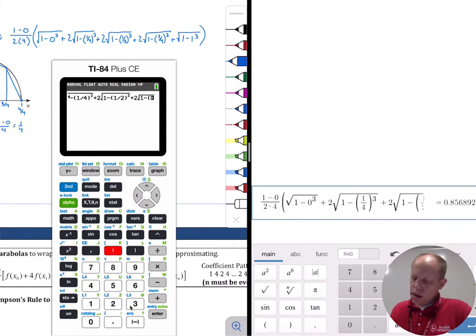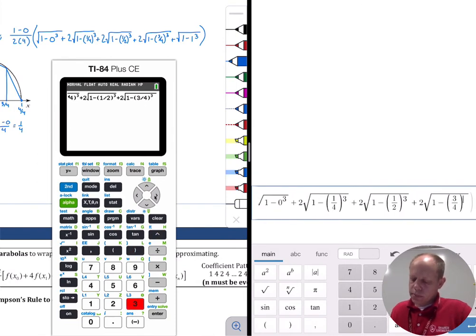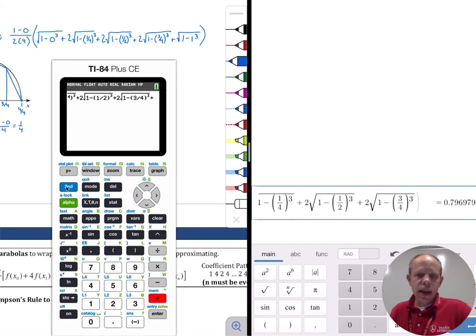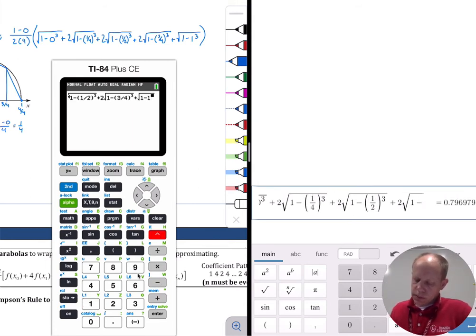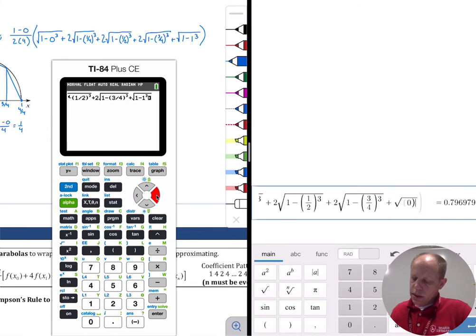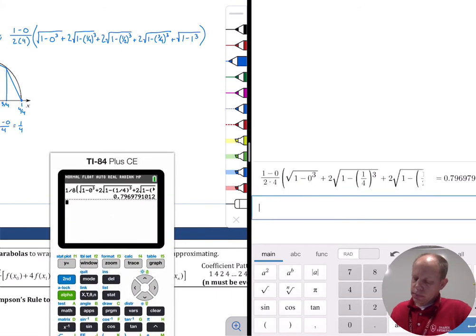This one's going to be 1 minus 3/4. All right, 3/4 to the third power. We'll move outside the radical, and now we want square root of 0, which we know is 0, so we don't actually have to put it in there, but you can if you would like. And so we can see that we get about 0.797.